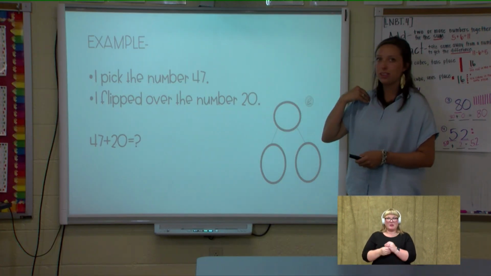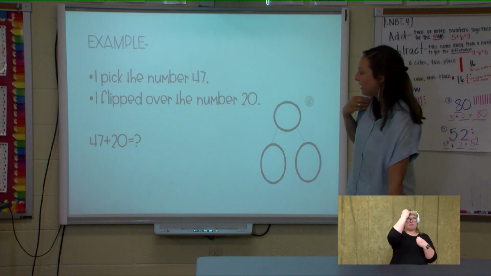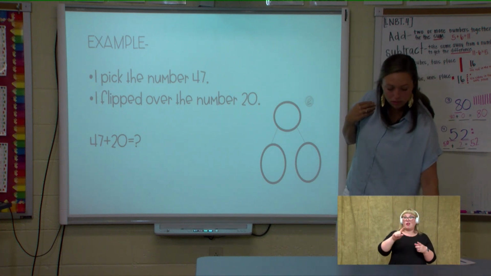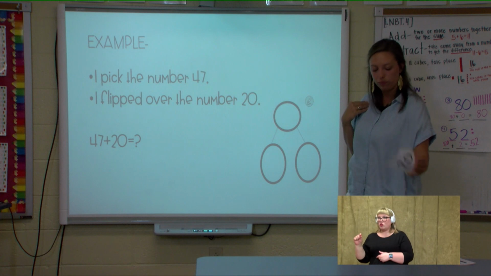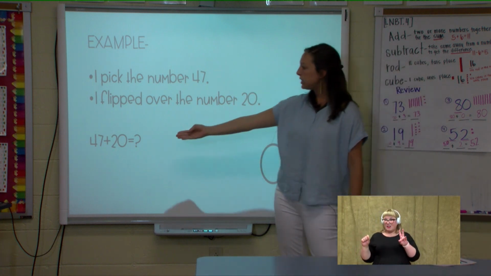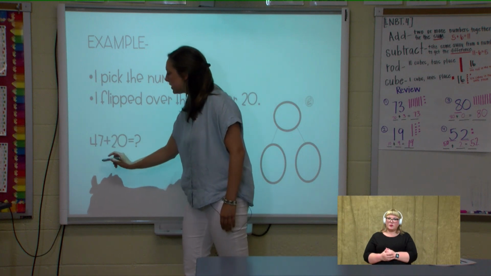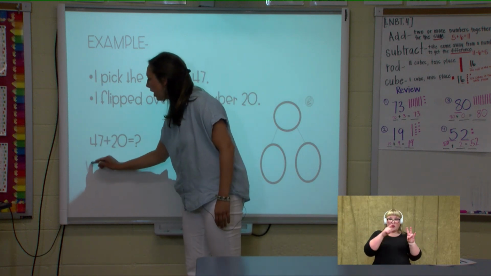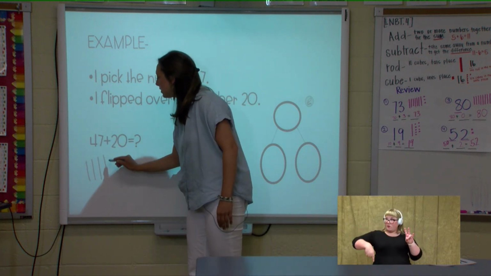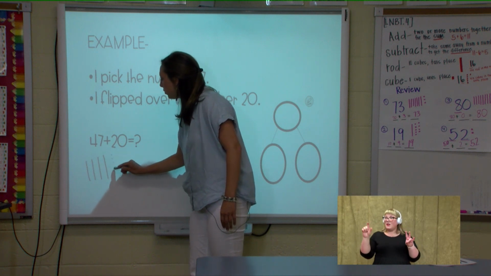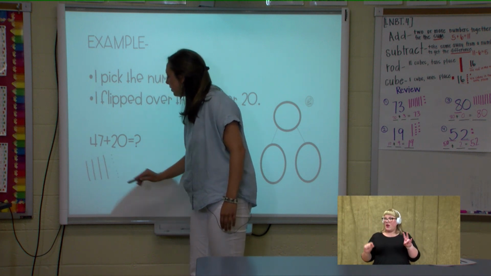Example, I picked the number 47 in my head. Then I flipped over the number 20. So 47 plus 20. We know that 47 represents 4 rods and 7 cubes. 1, 2, 3, 4, 5, 6, 7.